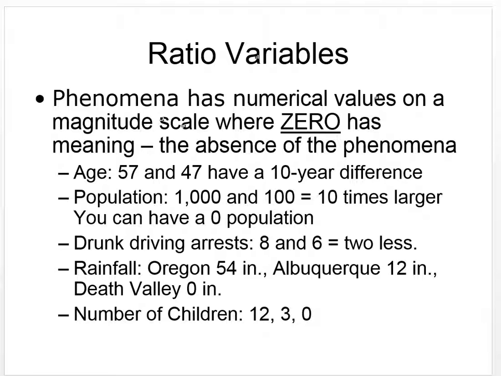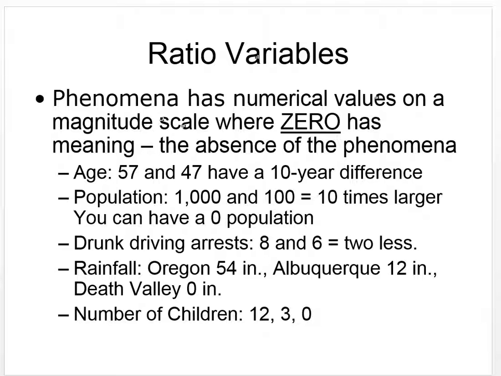So if I have a city where the average age is 57 and another city where the average age is 47, I've got a 10-year difference, and that's a number that I can talk about, or that I could map and make sense. Population, a city with 1,000 or a city with 100, I can say you have 10 times more people in one city, or you can have a city of none. Drunk driving arrests.